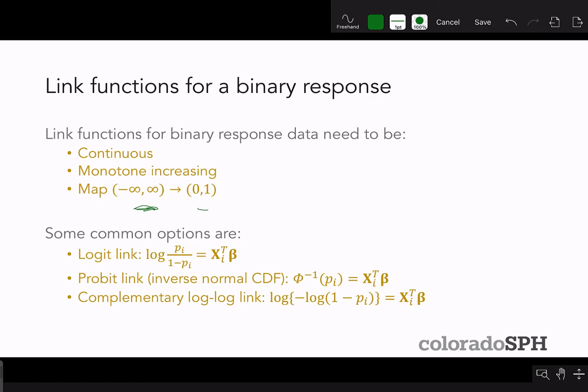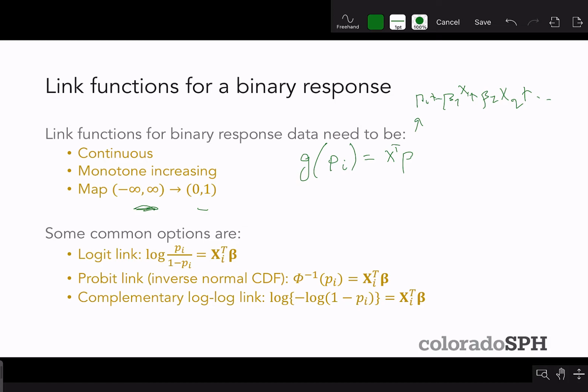And in our general terminology from GLMs that we learned at the beginning of the semester, the link function is g. That's something that we wrap around this pi to make it compatible with our x transpose beta, which is our beta 0 plus beta 1 x1 plus beta 2 x2 and so on.